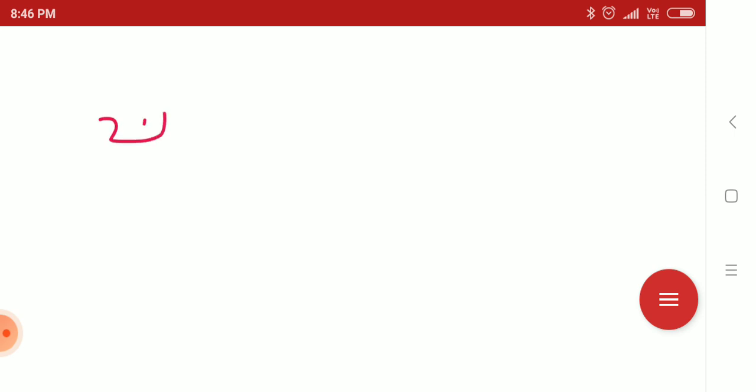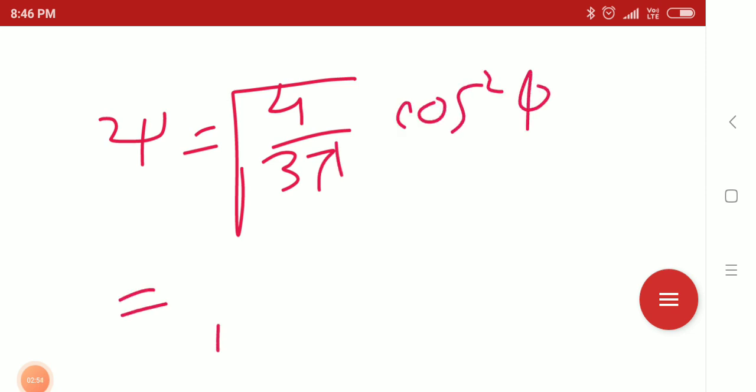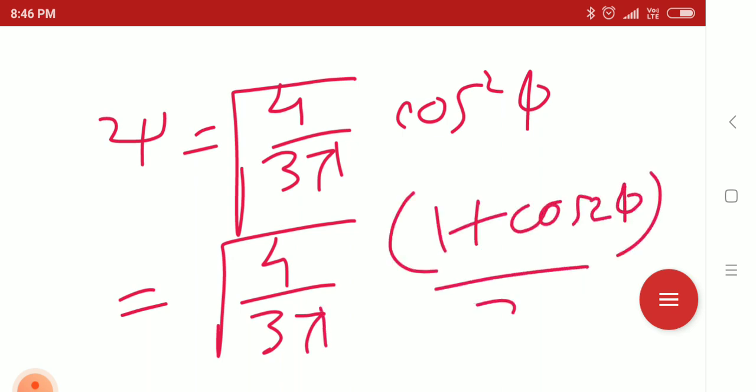So let's break the wave function. Psi equals root 4 by 3 pi cos squared phi. This can be written as root 4 by 3 pi times (1 plus cos 2 phi) divided by 2.